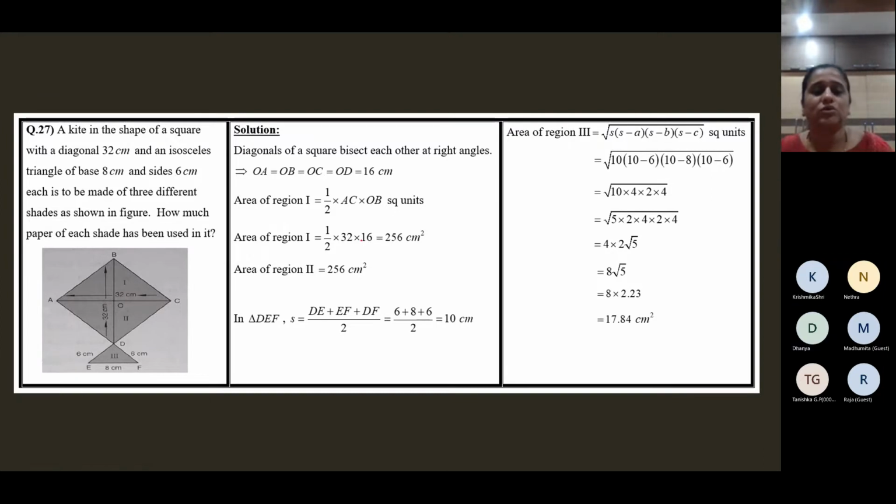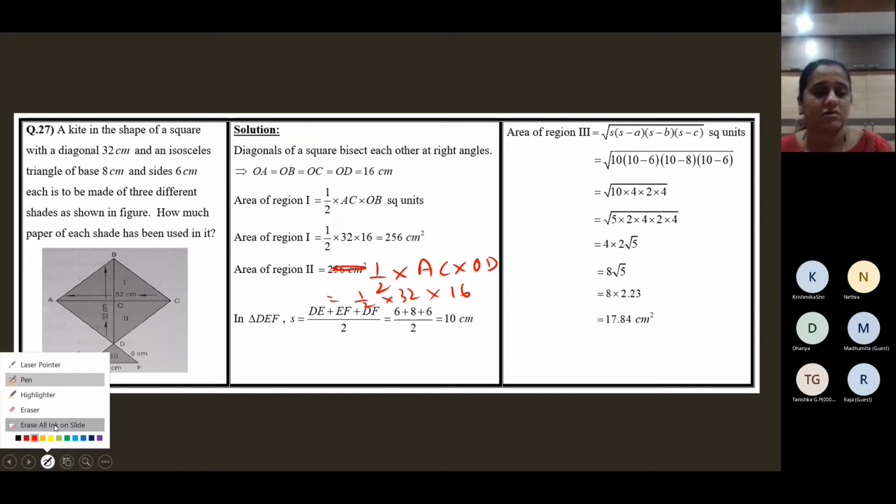If you want, you can repeat the area of region 2. It is half into base AC into height OD, so half into 32 into 16.